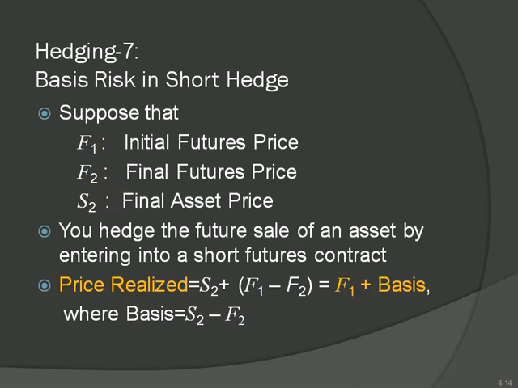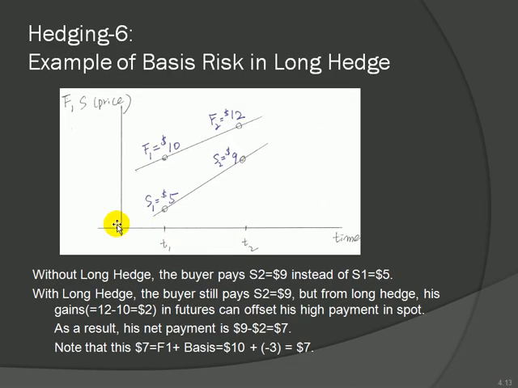That applies to long hedge as well. Here, the idea was you were afraid the spot commodity price goes up. You were afraid that you have to pay a lot more than the current price at time T2 by the time you buy this spot commodity. So that's why you got into this long hedge.